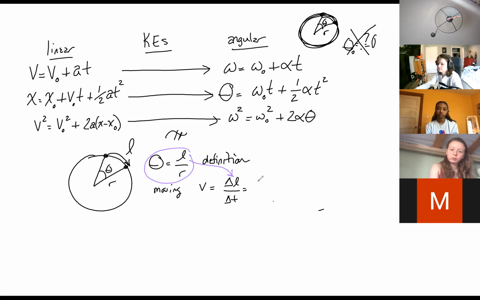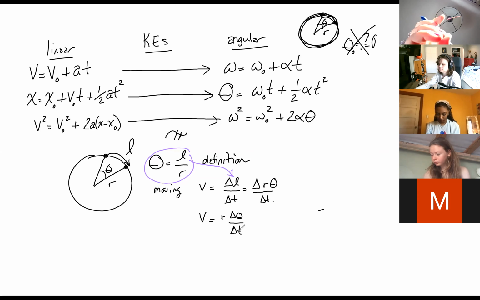So we would find that v is equal to delta R times theta over delta t. And if R isn't changing, so if you're at a constant radius outside the circle and you're not spiraling in or spiraling out, then you can factor R out of there. You get R times delta theta over delta t.